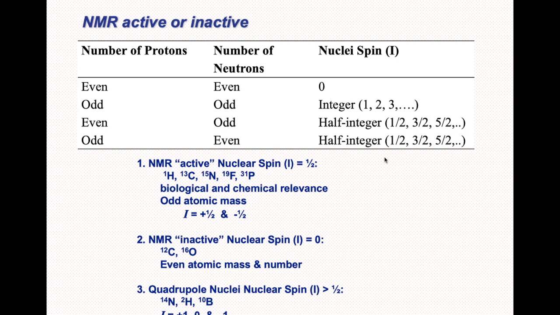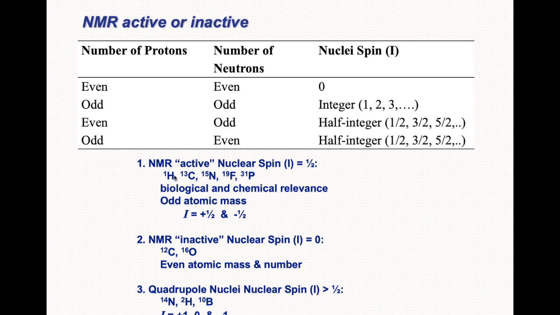And the fundamental question that I have asked, whether a particular nucleus is NMR active or inactive, one can address by looking at its nuclear spin. If the nuclear spin, determined based on this thumb rule, is 0, then we say that particular nucleus is NMR inactive. On the other hand, if the nucleus has non-zero spin, then we say that particular nucleus is NMR active.